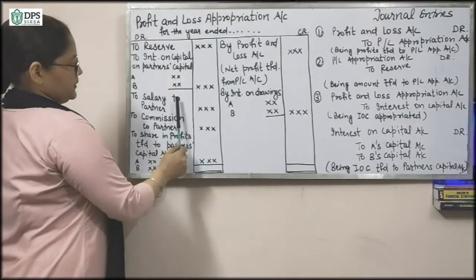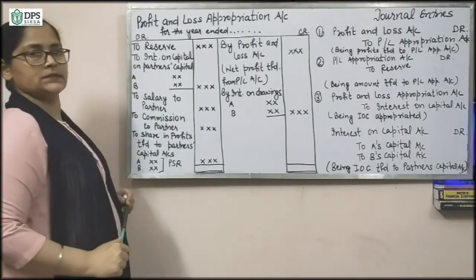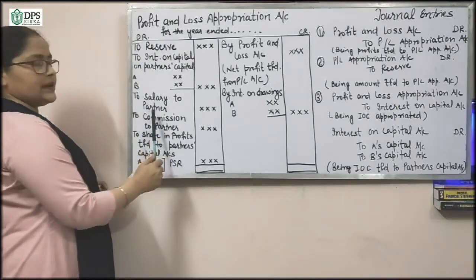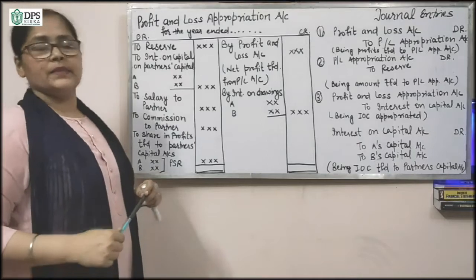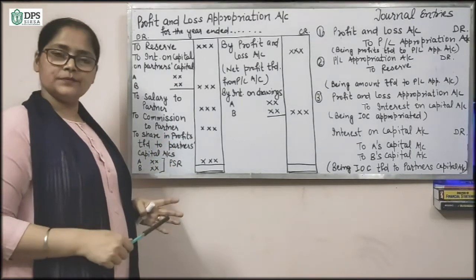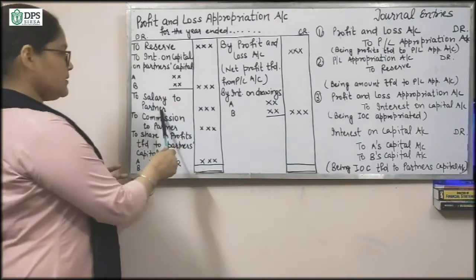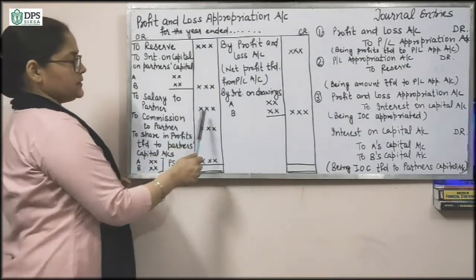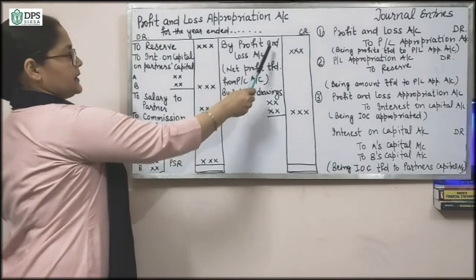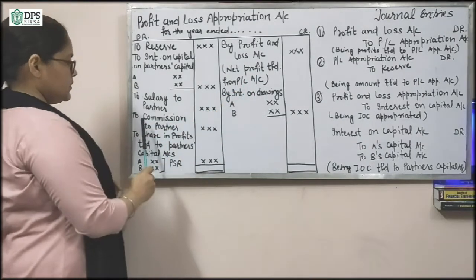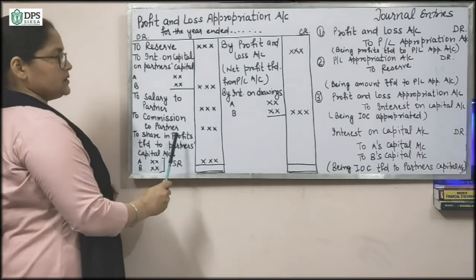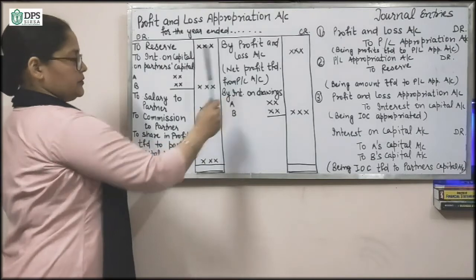So to salary to partners. This is the salary which a partnership firm is giving to the partner. So we will write here, and it will also deduct the profits of profit and loss account. So next is commission to partner. Whenever we pay commission, it will also deduct profits.